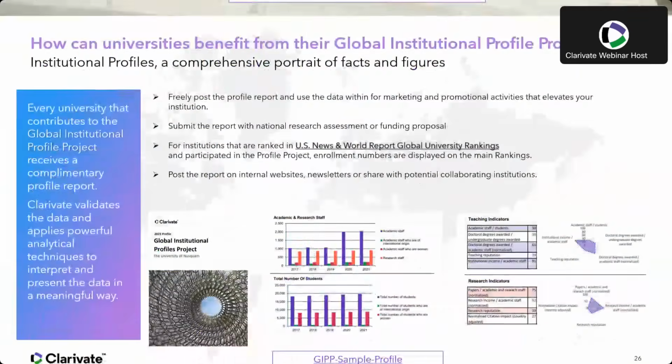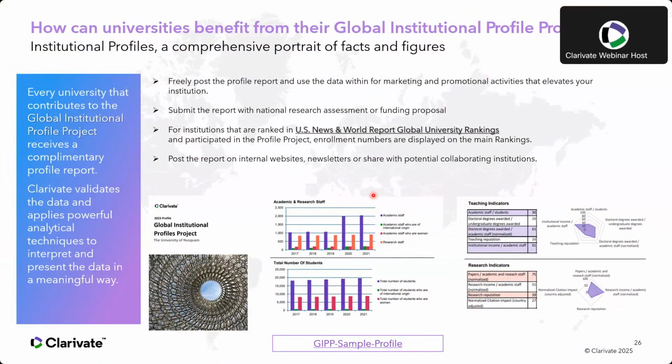So that's a project. Institutions that are ranked in US News, that data is displayed on the main rankings, and you can see, for instance, there is a project that I recommend you have a look at.